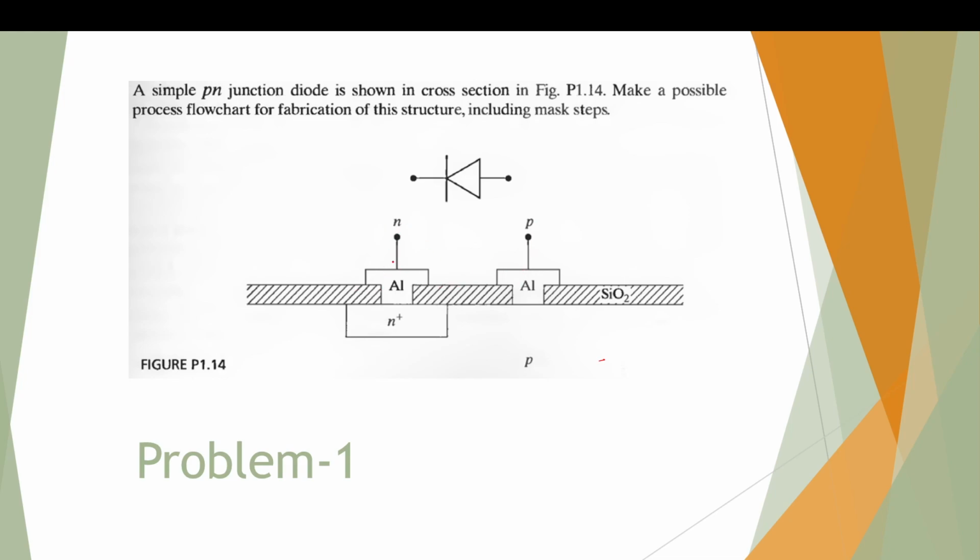So this will go to the wires or anywhere else. So this is the device and this will just give the power or voltage to this device. Okay, so to fabricate this device we have to design the process flow.